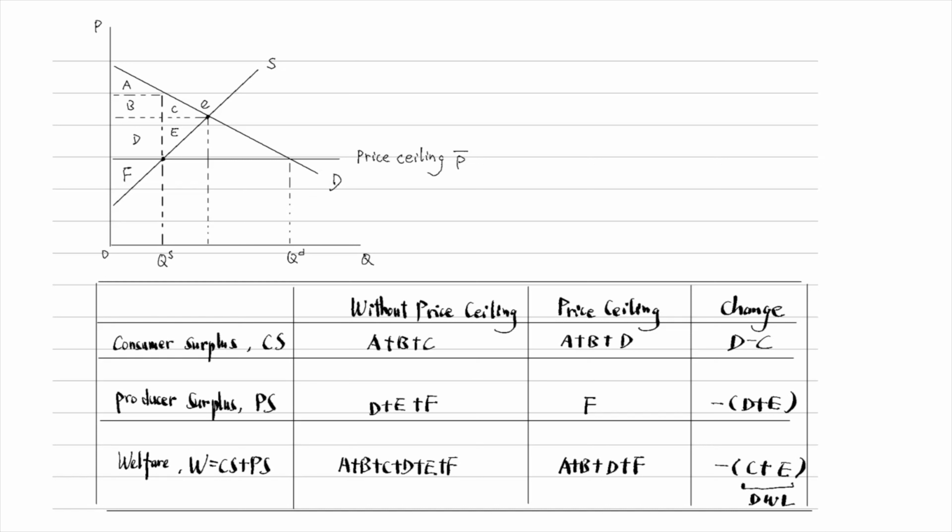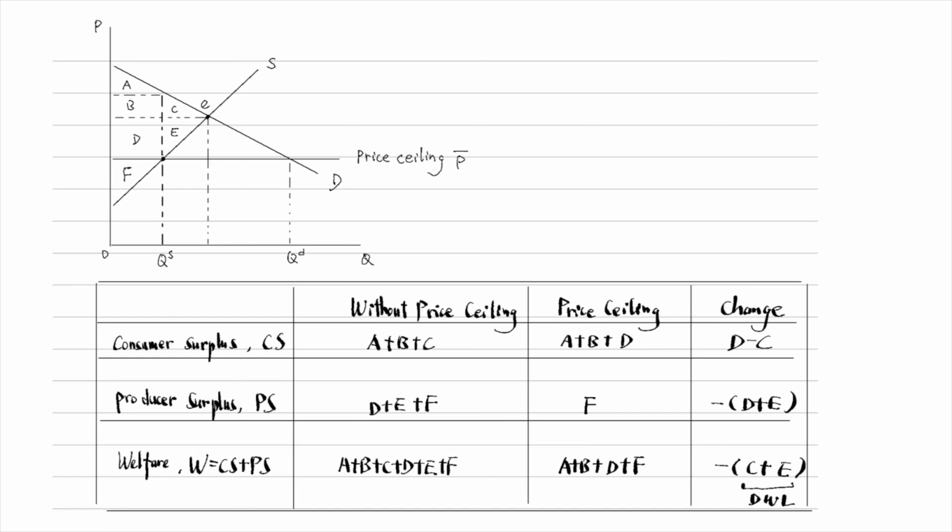The direction of the change in consumer surplus is uncertain. The consumers who can luckily buy gasoline benefit from the price ceiling. Their consumer surplus increases by the area of D. But for the consumers who no longer have a chance to buy gasoline because of the shortage, they lose.